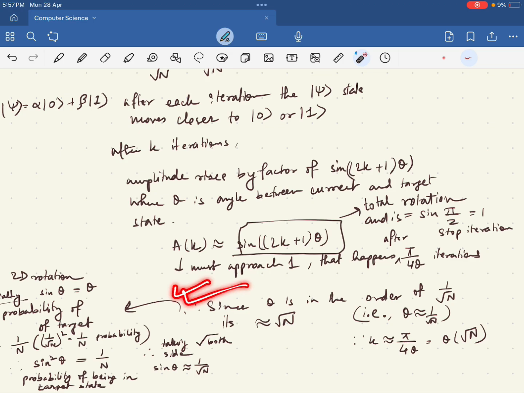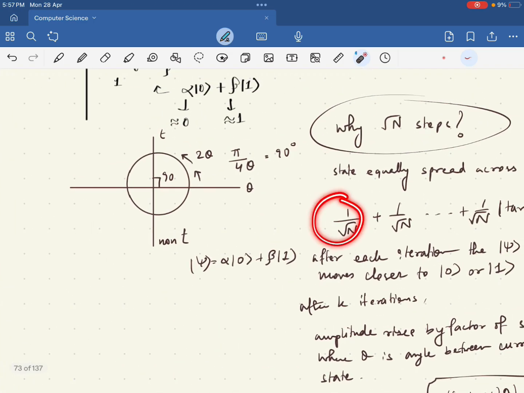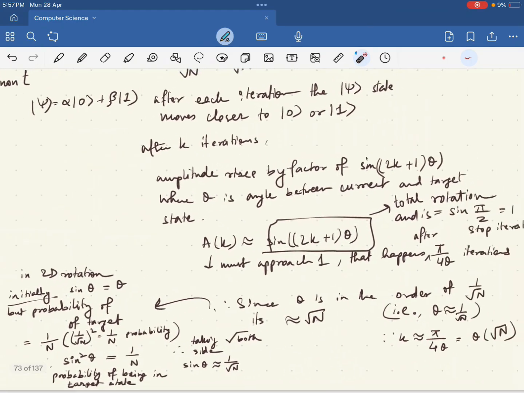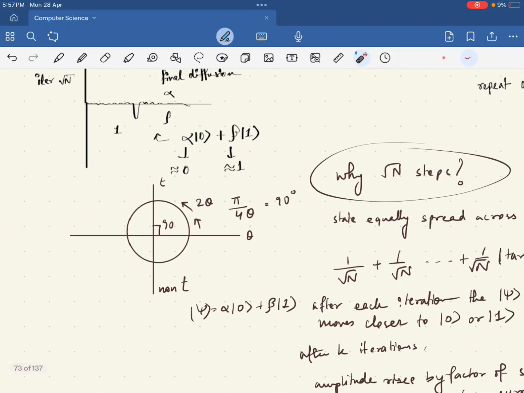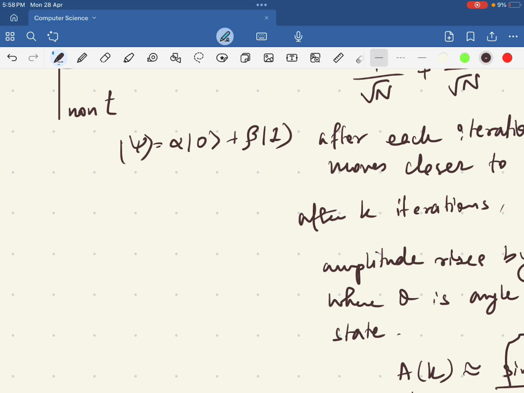Now we can see, since theta is in the order of 1 by root N, which we saw from this relation, and also we saw that after k iterations the angle rises, k would be approximately equal to pi by 4 times theta. K is pi by 4 times theta because (2k plus 1) times theta is approximately equal to pi by 2.